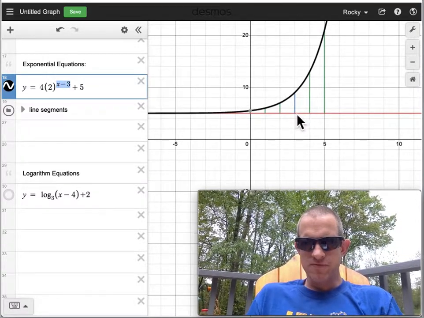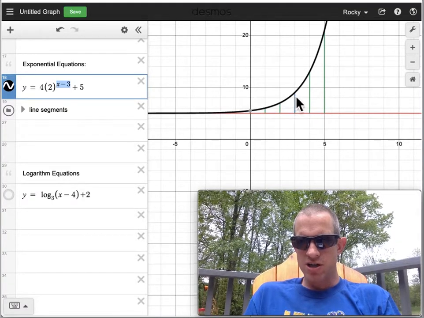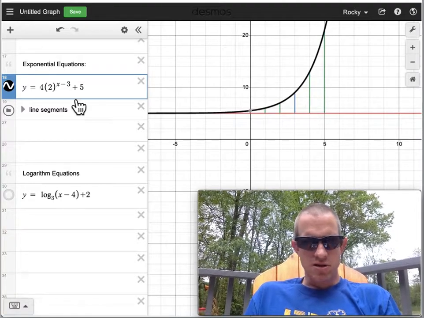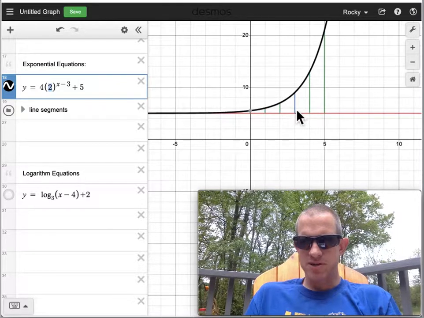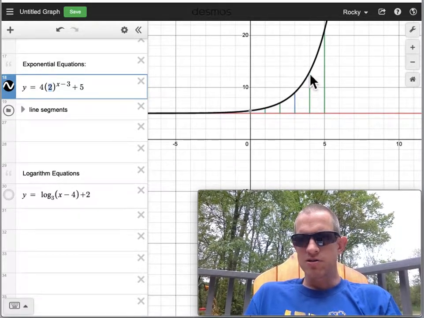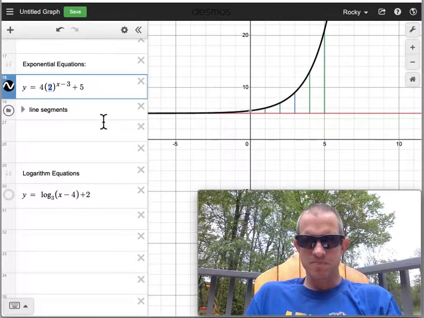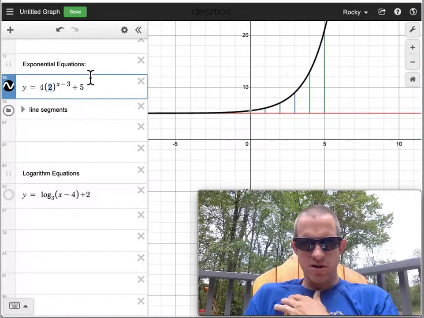And another important feature of these graphs is that every time you take a step in the x direction, this height above the asymptote, in this case it doubles, but it multiplies by whatever the base is. And so here this height is 4 steps up from the asymptote, here it's 8 steps, here it's 16 steps, and so on. So that's some of the important features that an exponential graph has.